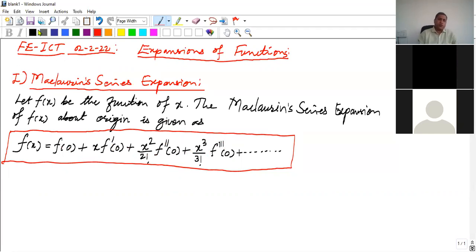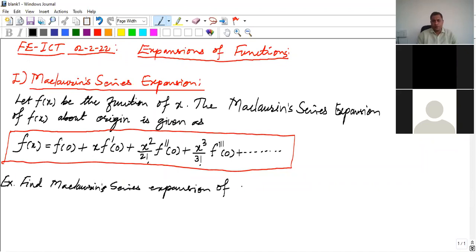Okay, so we'll go with an example so it will be more clear to you. Let's go, for example: find the Maclaurin series expansion of f of x is equal to e raised to x.